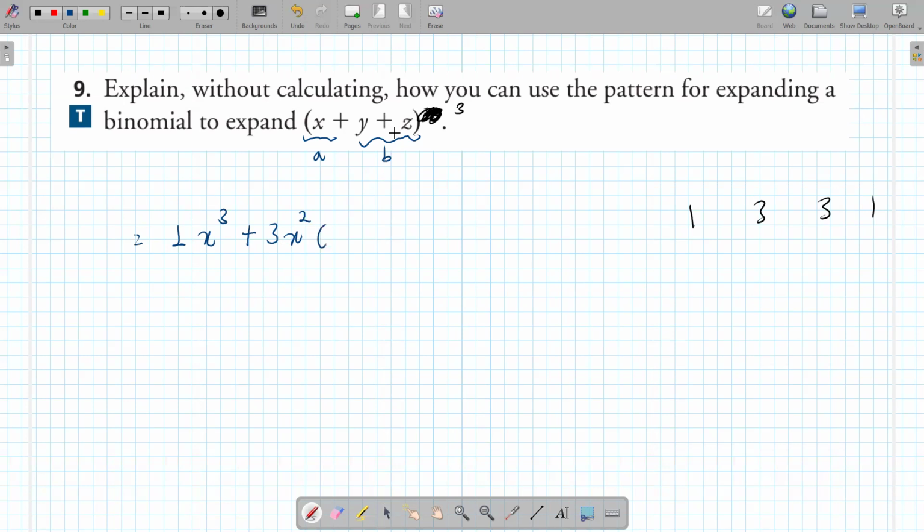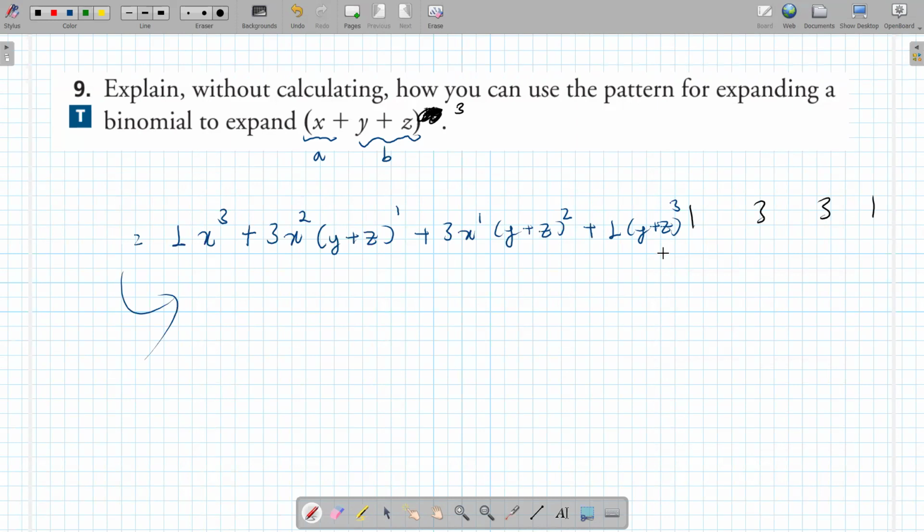So remember, y plus z is b now. So it'll be y plus z to the power of 1. The next term would be 3x to the 1 times y plus z squared. And the last term will be 1 times y plus z cubed, like that. Cool? And then you FOIL it from there.